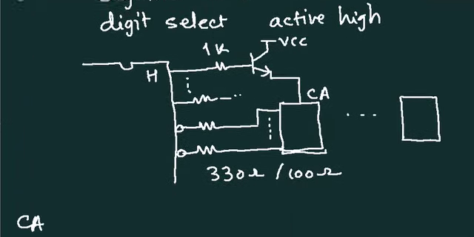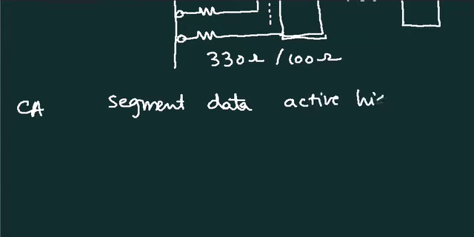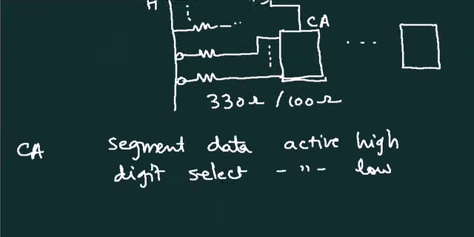Then we take one more example of common anode, and in this case segment data active high and digit select active low, right.